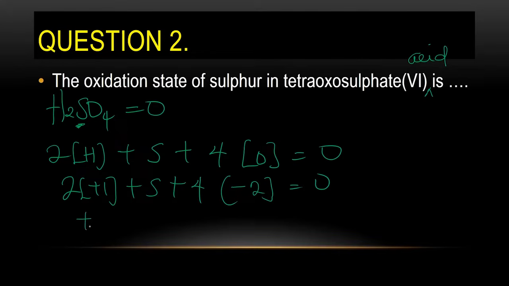So I have plus 2 plus S, minus 8, is equal to 0. So S is equal to +6. Very simple.